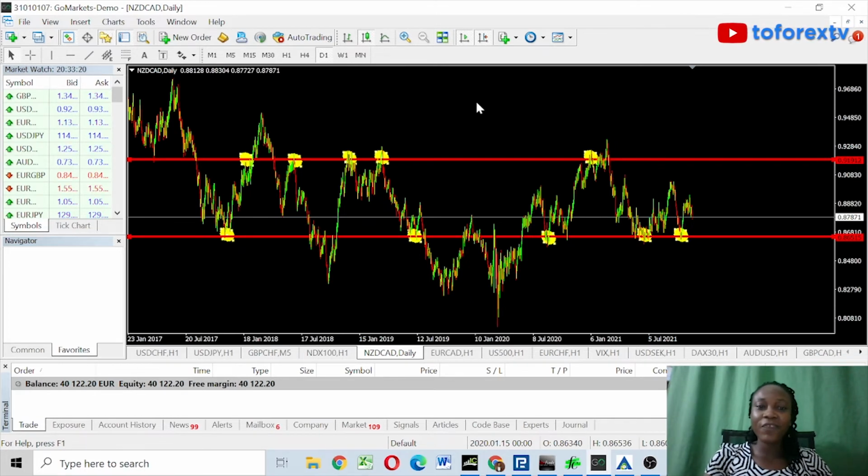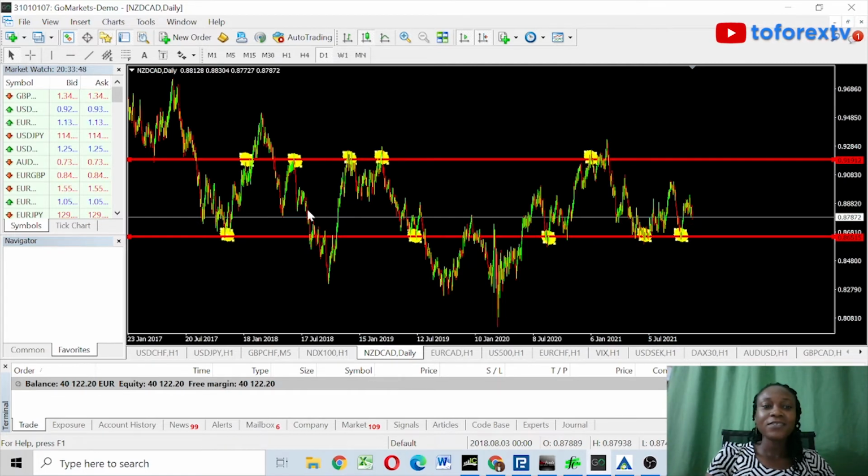We've identified our market turning points at our resistance level, and here our support level. Don't forget that this is demand and supply. Resistance and support level is equal to demand and supply. You can see that our market is moving in between our resistance level and our support level.